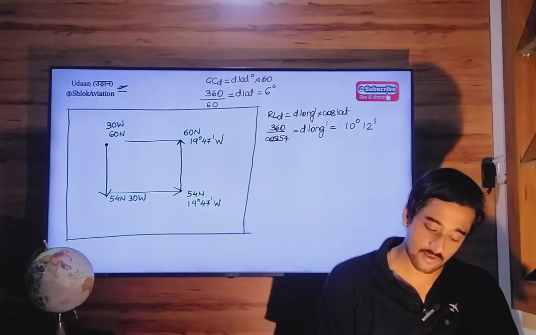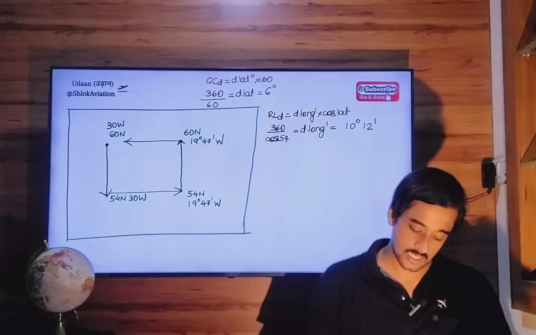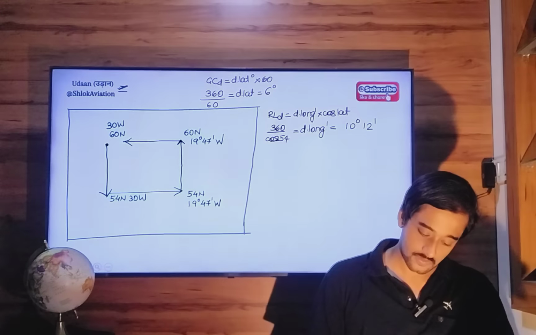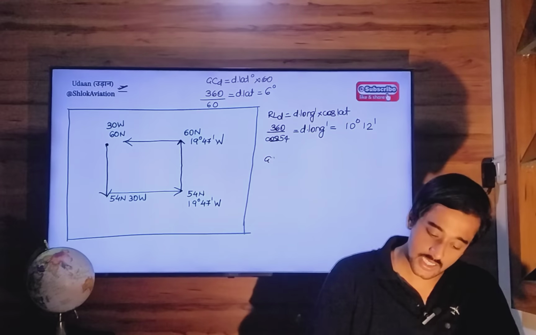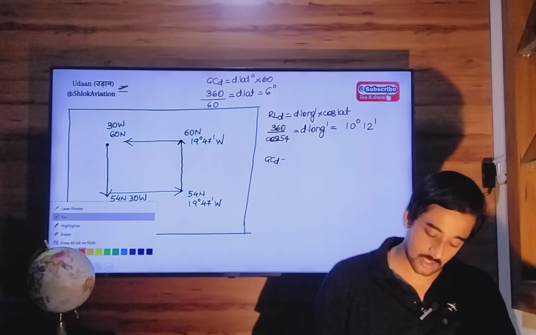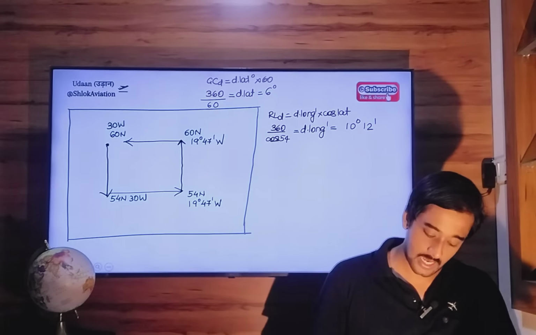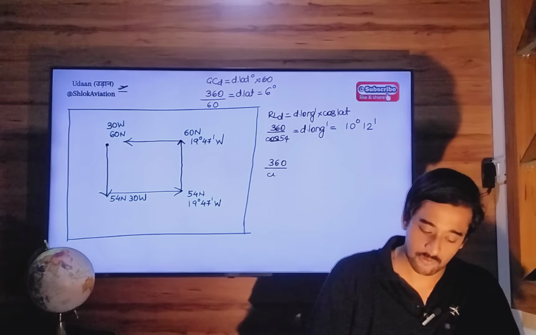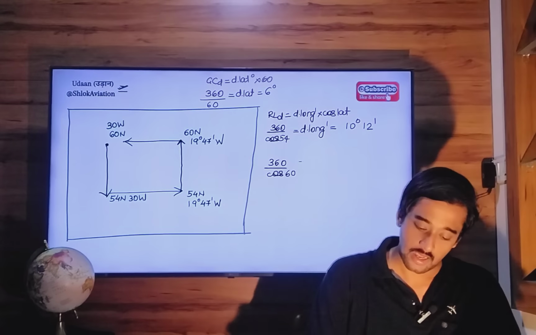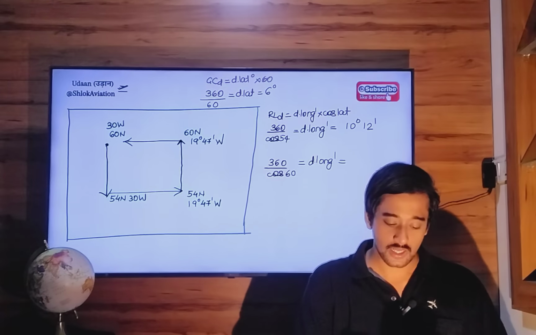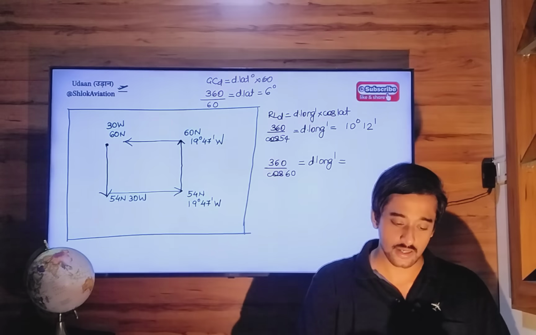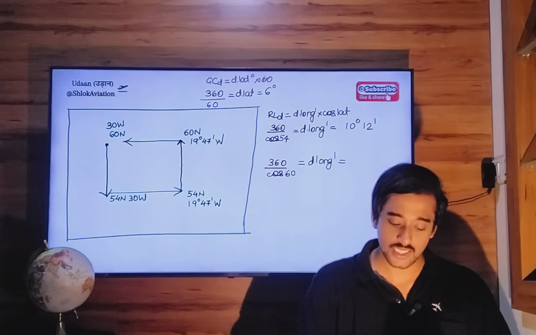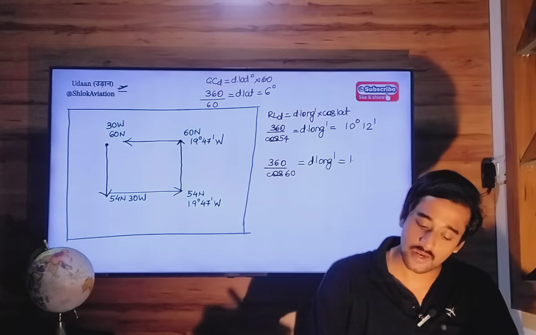Now from here you travel another 360 miles to the west. So rhumb line distance will be d long cos latitude, correct? So 360 divided by cos of latitude, cos of 60, equals d long in minutes. So 360 divided by cos 60 is 720 minutes, divided by 60 is 12 degree.